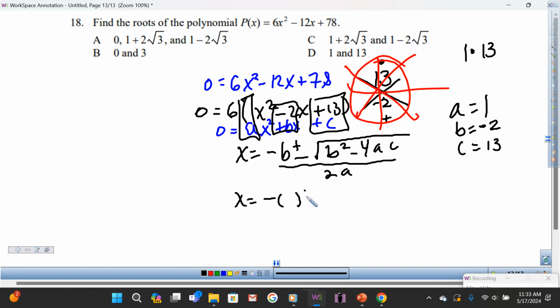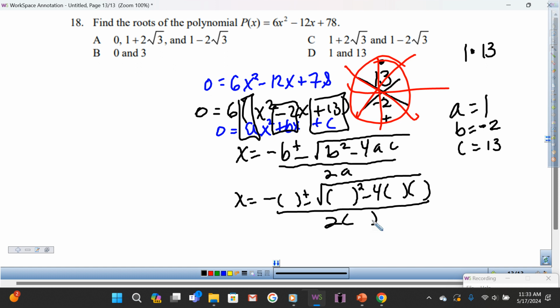x equals negative b plus or minus the square root of b squared minus 4ac, over 2a. So b, we said it was negative 2, so that goes here.